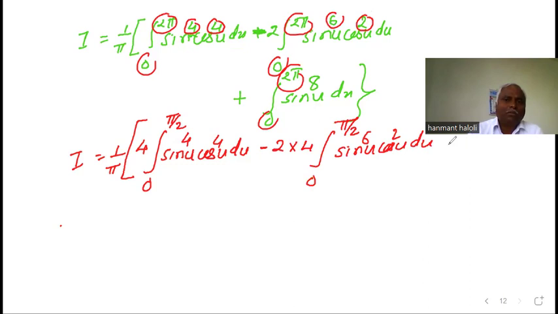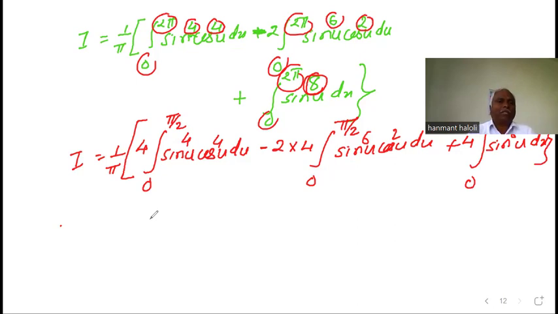Plus, now you can observe here 0 to 2 pi. Now it's a sine function, and for a sine function with an even power you can directly convert it into 4 times integral 0 to pi by 2 of sin raised to 8u du.